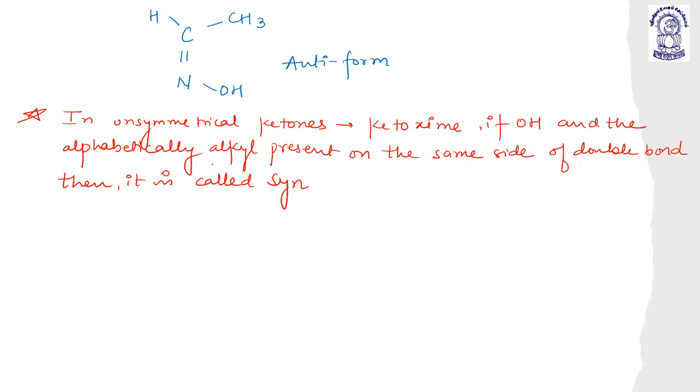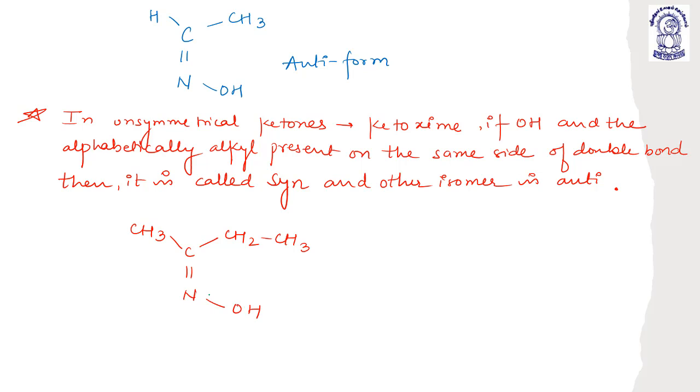Okay, and the other isomer is anti. For example, you can see OH and this is ethyl.